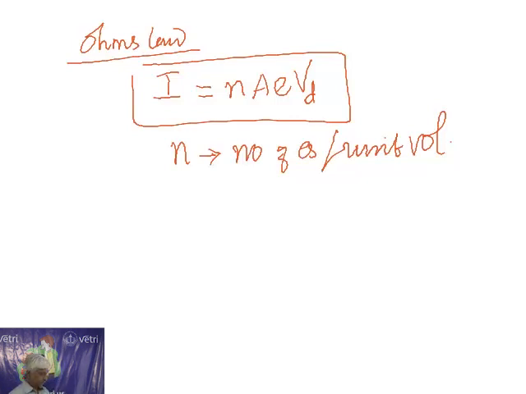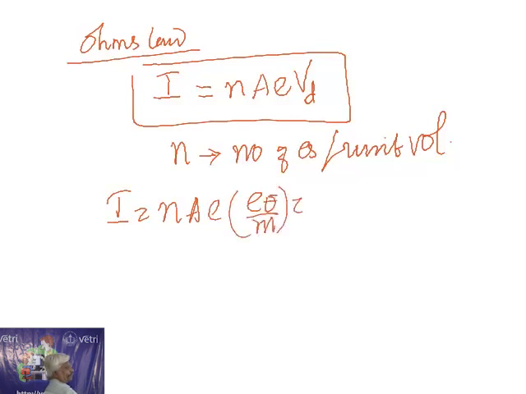Vd is the drift velocity. So here I have to concentrate: I is equal to nAE Vd, where Vd is E by m into tau. What is E? E is always V by d.